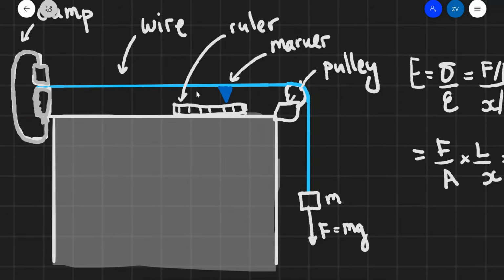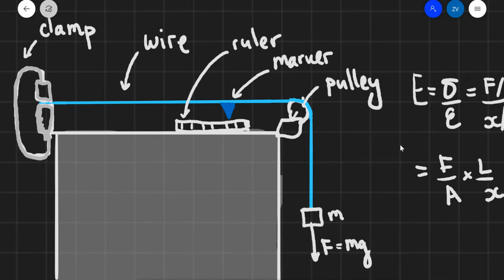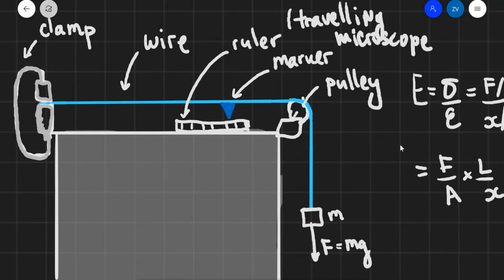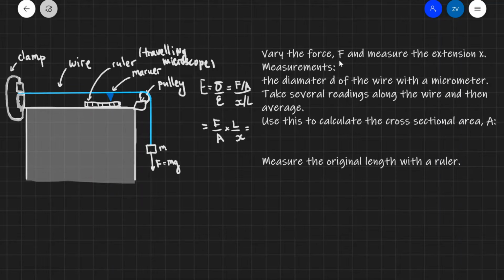Note that often the extension of a metal wire can be very tiny, so we may have to use a traveling microscope if the extension is quite small. So maybe in brackets over here, I'm just going to add this, that we may have to use a traveling microscope like so.